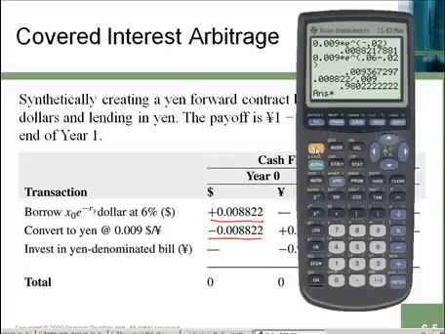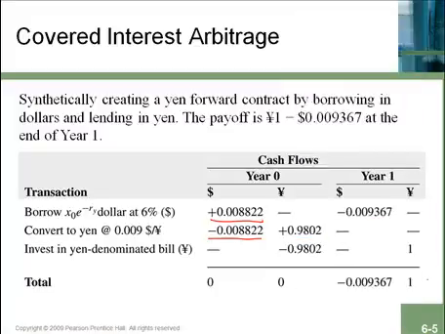Well, we'll multiply this by e to the power of 0.02 to find out. And we'll see that, rounding error ignored, we will end up with basically exactly 1 yen. Well, that's essentially what we have.